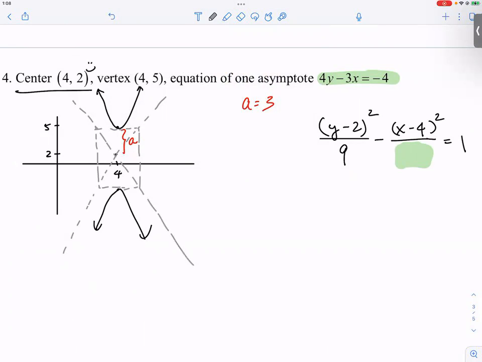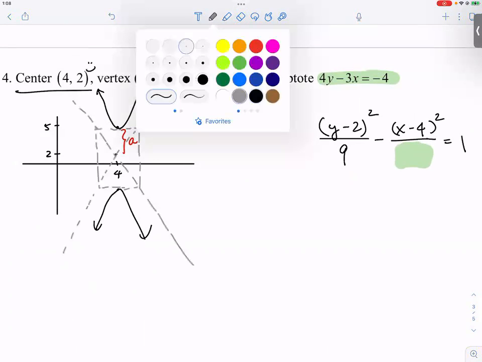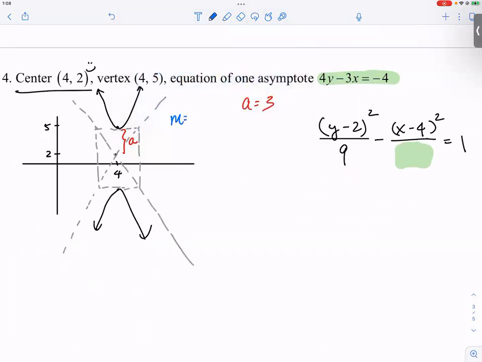And because you draw your asymptotes, you can tell the slope of these 2 asymptotes. I'm not saying the actual value, but can you tell, is it A over B or B over A? When you look at the rise over run of the asymptotes, is it A over B or B over A?